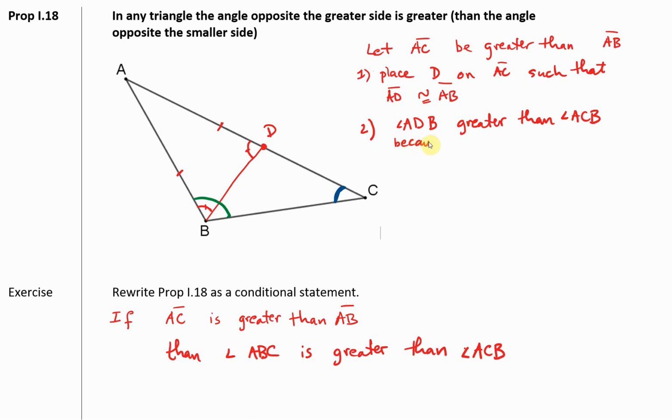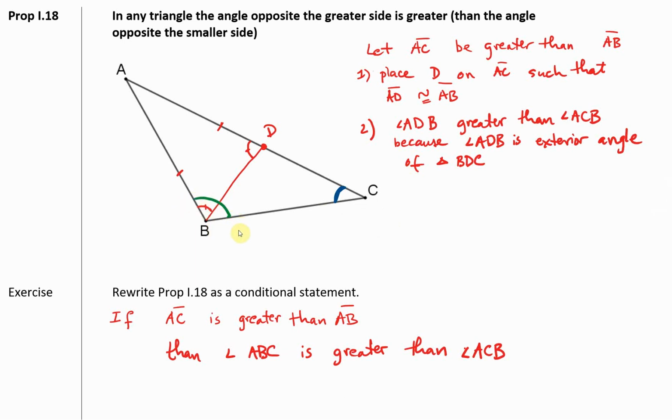Because ADB is an exterior angle of triangle BDC. Okay. Now, if you notice though, let's look at the other part of this, okay?